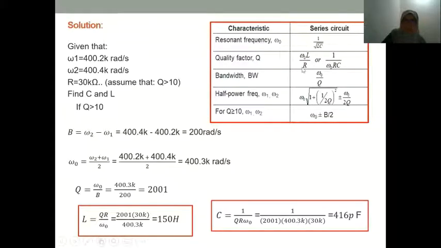You put all the values inside the formula, and the L gives you 150 henry. For the capacitor, you substitute all the values in this formula, and finally the suitable capacitor for this band pass filter is 416 picofarad.